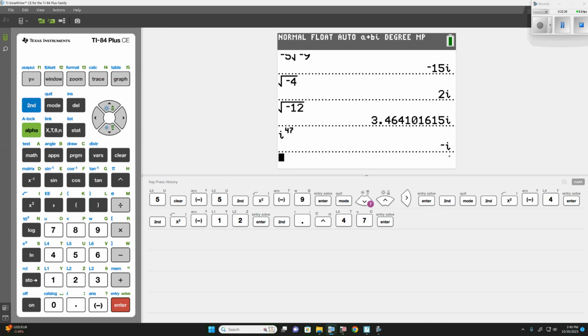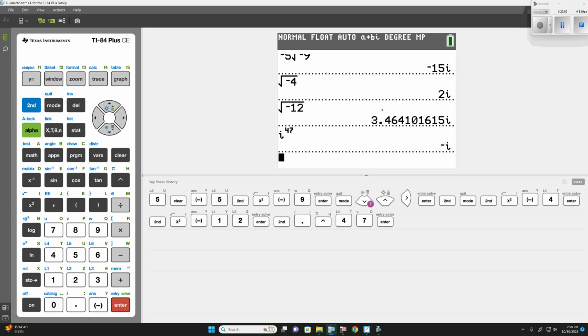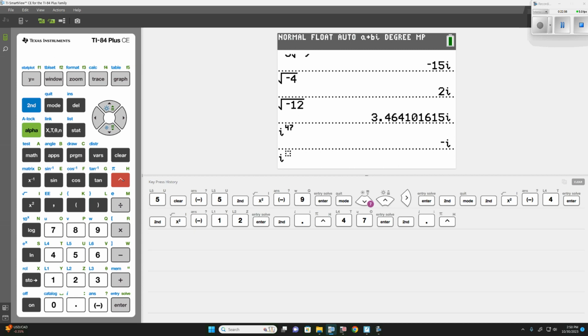What's that last one? Now 65. So we're not focused on the 16, we just want the decimal. I. I to the, what was it, 64th?